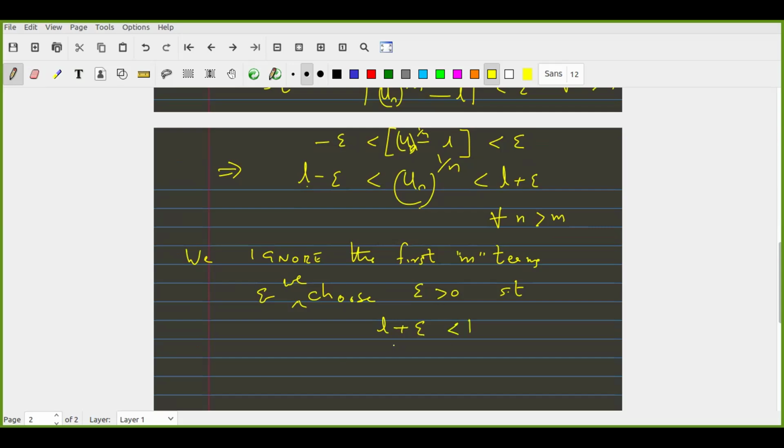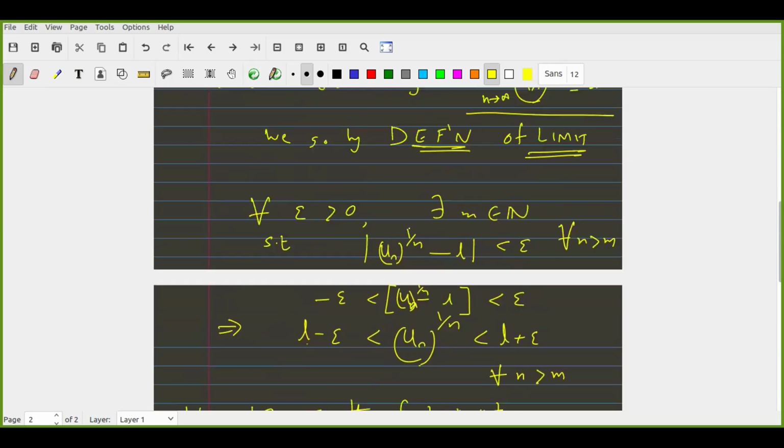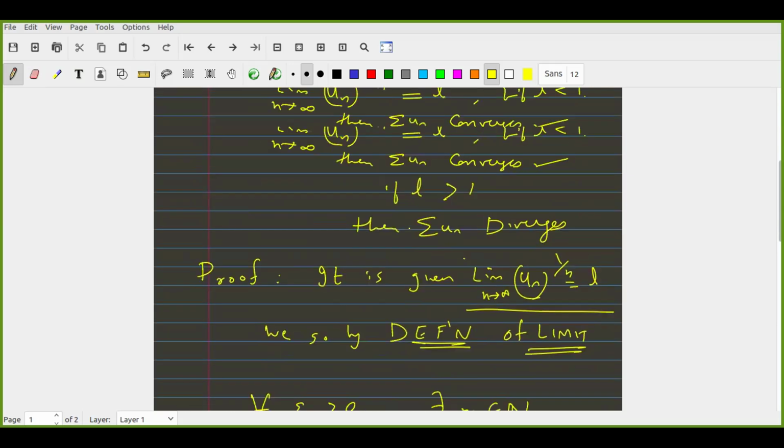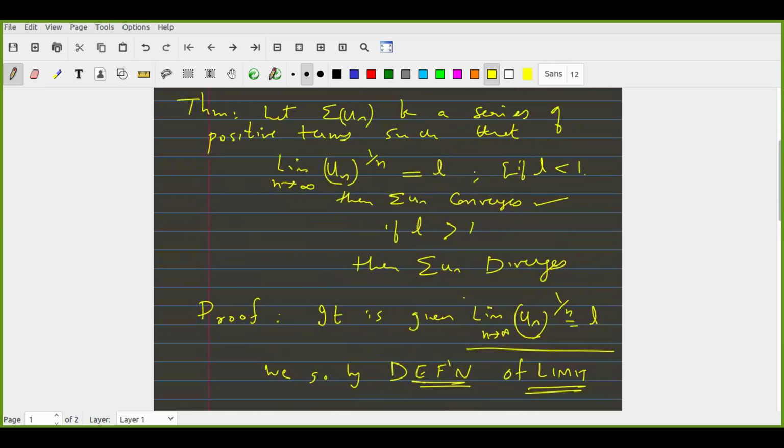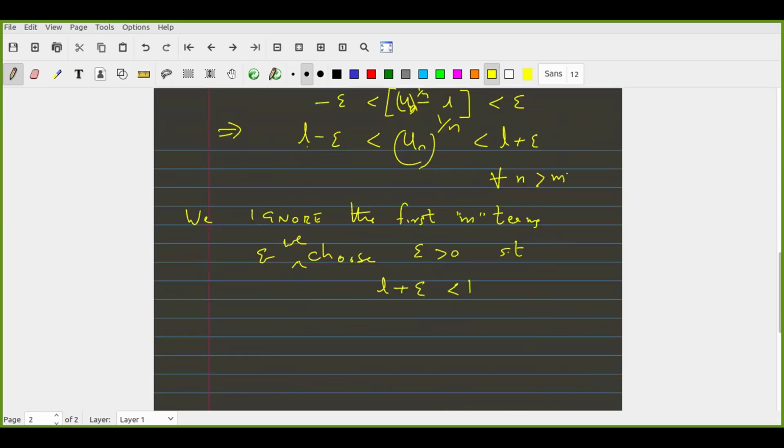Because here I'm really concerned about the first condition, L is less than 1. So even if I add epsilon, it should still be less than 1.